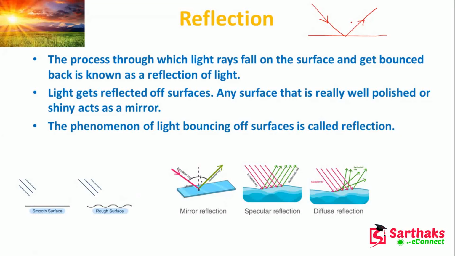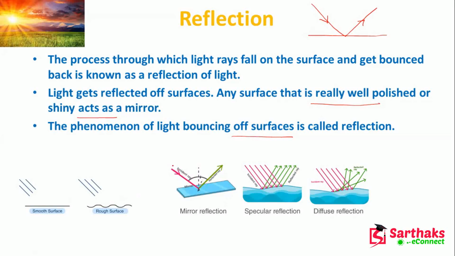Light gets reflected off surfaces. Any surface that is really well polished or shiny acts as a mirror. But one thing you should know: whatever mirror you are using, there is a coating on one side, and the other side is the glass material. Now, the phenomenon of light bouncing off surfaces is called reflection.